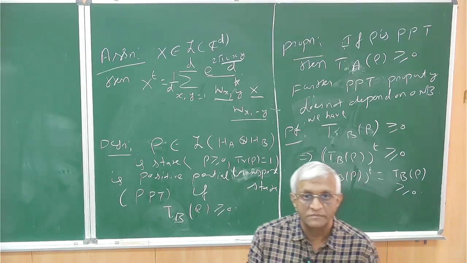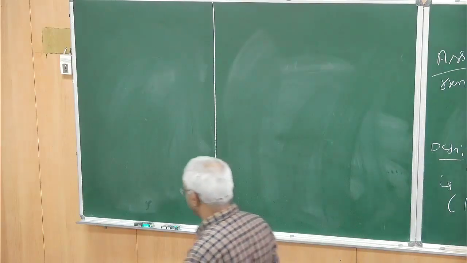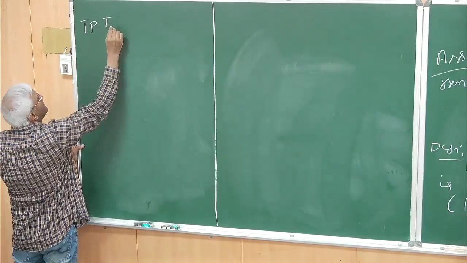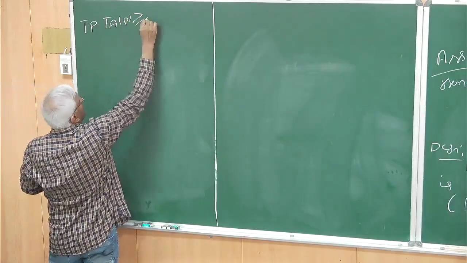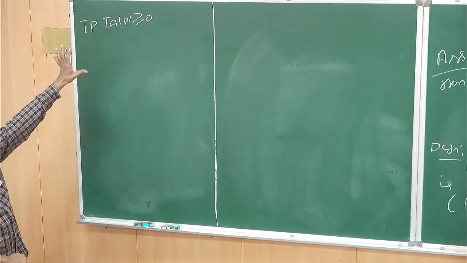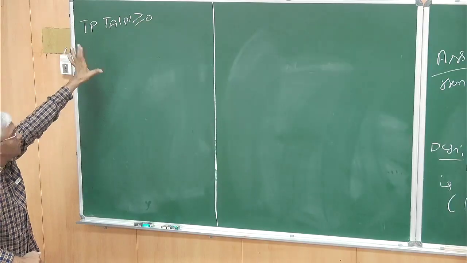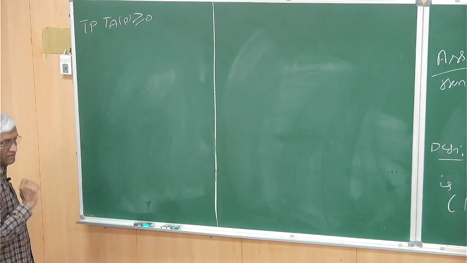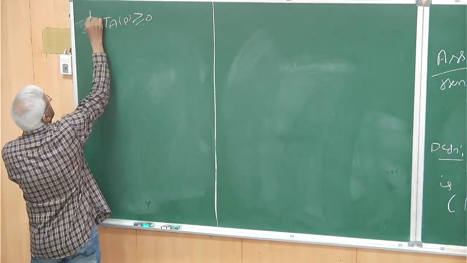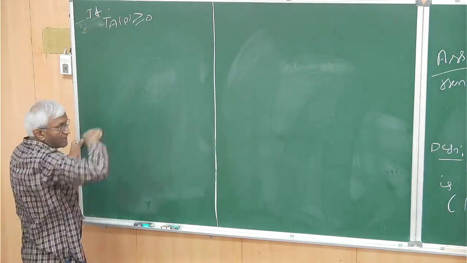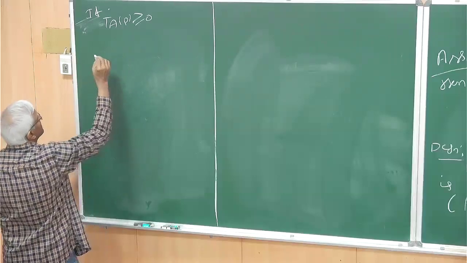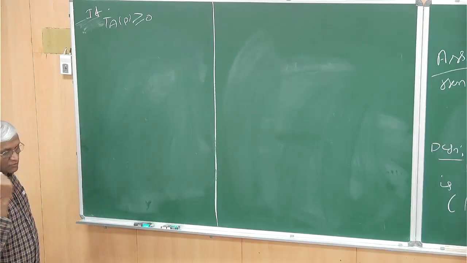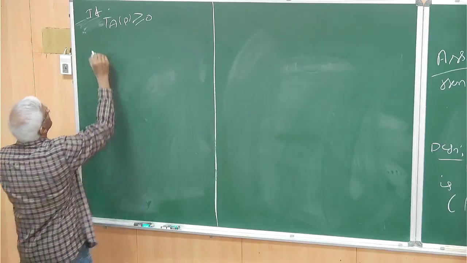Okay. Now we will prove the orthonormal basis property. T_A rho will depend on the orthonormal basis, but it being positive does not depend on the orthonormal basis. So to prove that it does not depend on the orthonormal basis, if T_A rho is greater than or equal to 0, then we want to take the transpose with respect to some other orthonormal basis, and that should also be positive.